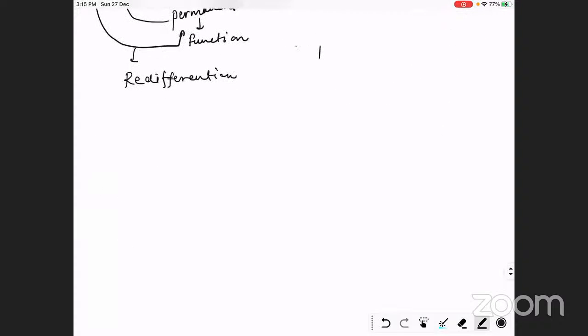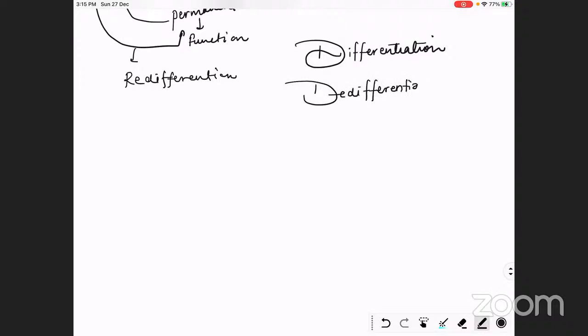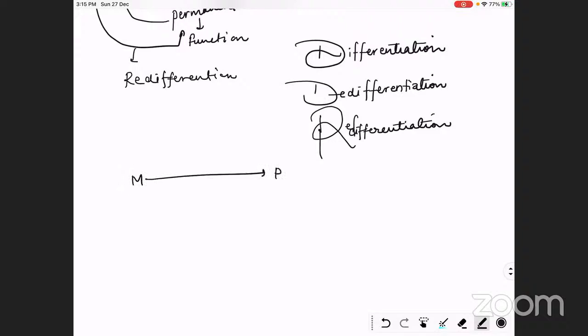What is the differentiation? Differentiation, de-differentiation, and redifferentiation. So when a meristematic cell becomes a permanent cell, the permanent cell is a mature cell which has a different function to play.